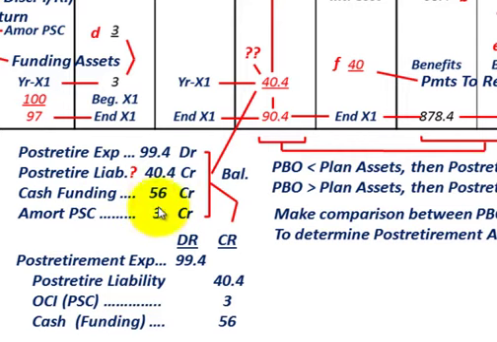So adding our credits and comparing them to our debits, it becomes a plug. We needed the $40,400 as a credit in our post-retirement liability.